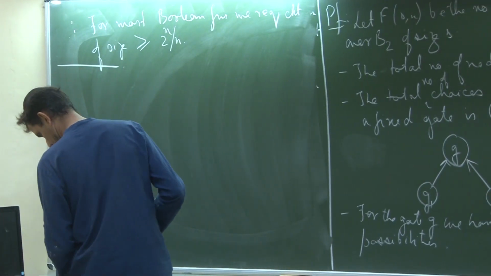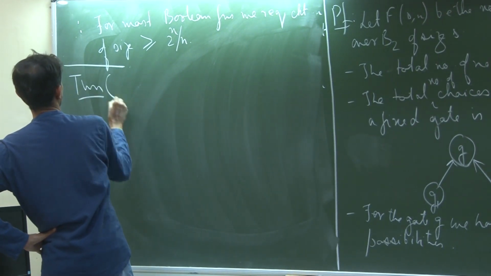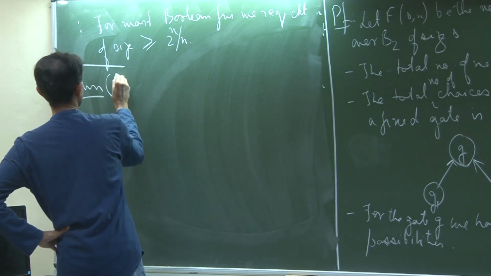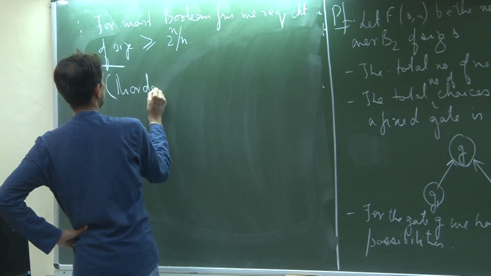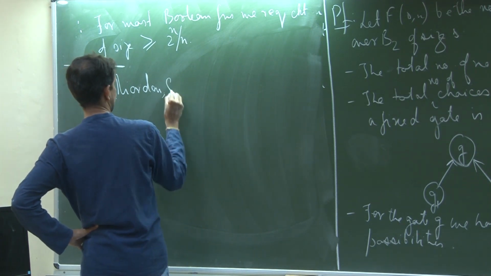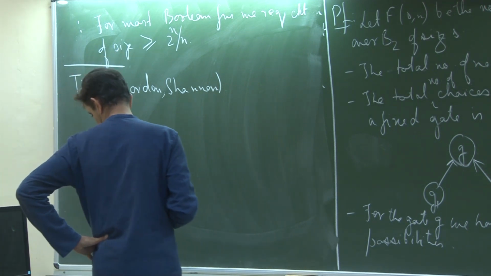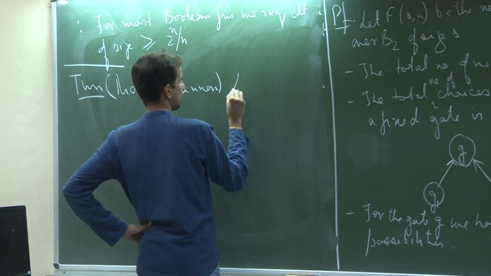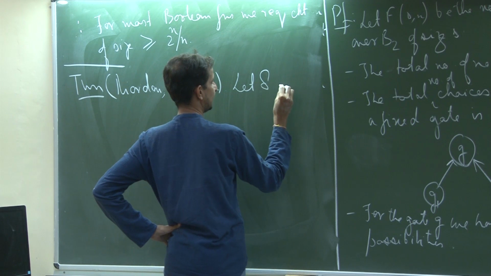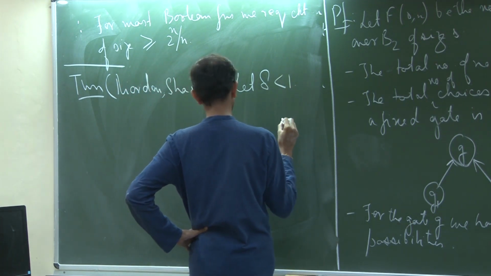So, the theorem. This theorem is by Riordan and Shannon. Let delta be a quantity smaller than 1.